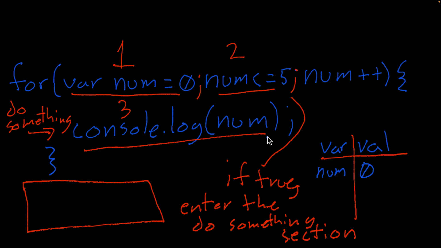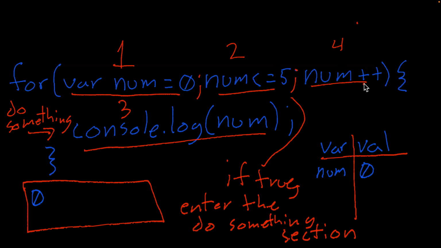Num is 0. So we enter our console, this little box here. This is our special screen. And we say 0. Then we enter step 4. 4 is here. So then we increase num.